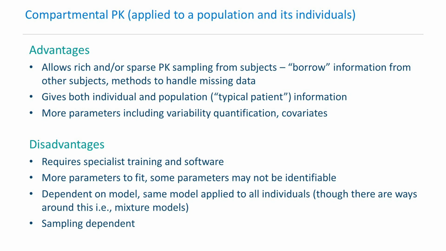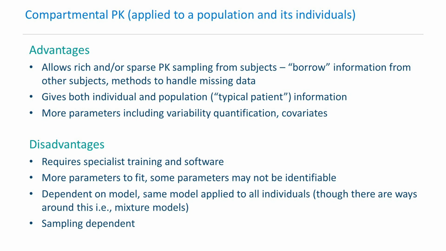It gives us both individual information, so you might hear them called post hocs or EBEs, but all these are individual PK parameters, so an individual's clearance and volume, as well as population parameters, which sometimes we call typical values of things like clearance and volume. And of course, there's more parameters, so it helps us to quantify variability and the impact of covariates on our PK.